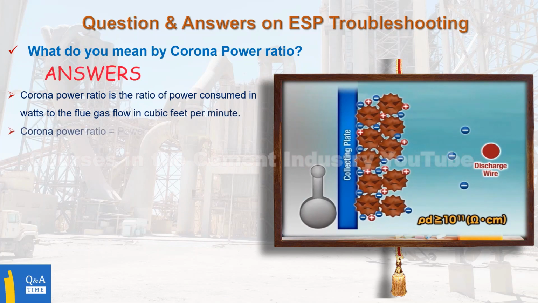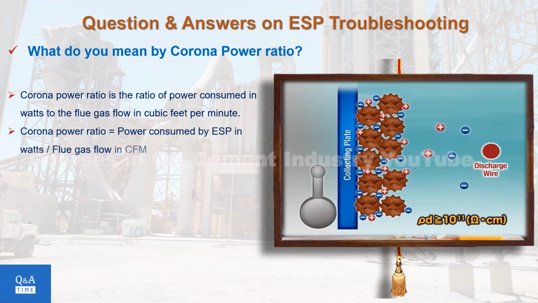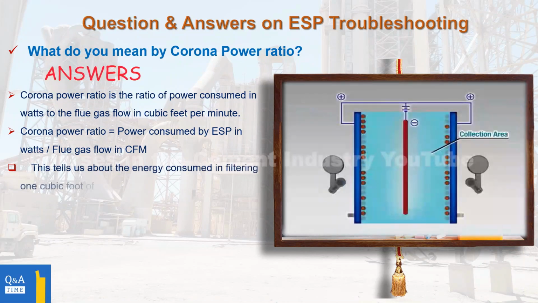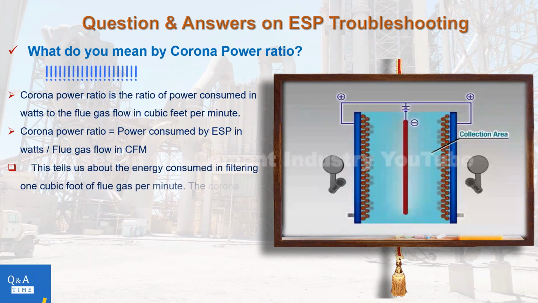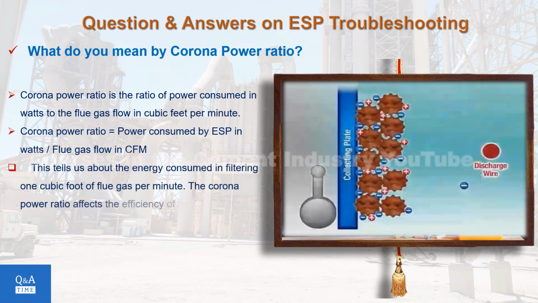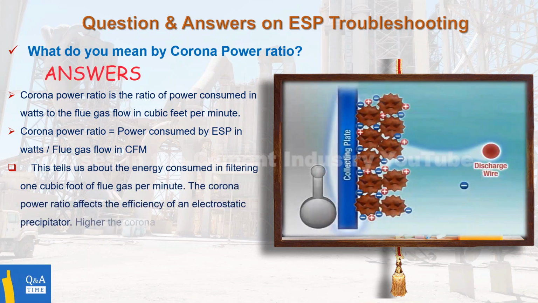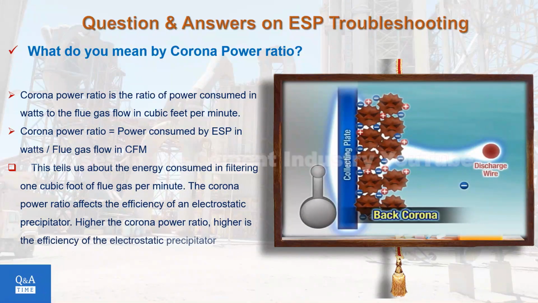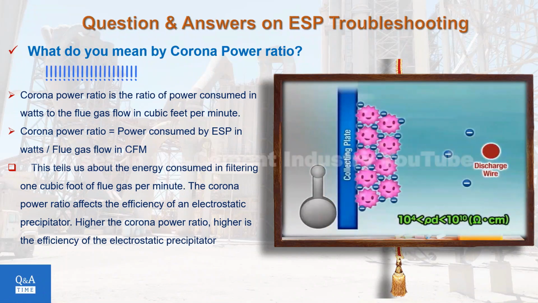Corona power ratio equals power consumed by the electrostatic precipitator in watts over flue gas flow in CFM. This tells us the energy consumed in filtering 1 cubic foot of flue gas per minute. The corona power ratio affects the efficiency of an electrostatic precipitator. The higher the corona power ratio, the higher the efficiency of the electrostatic precipitator.